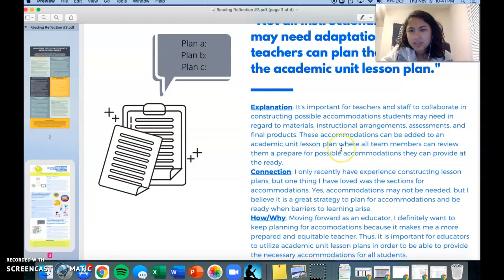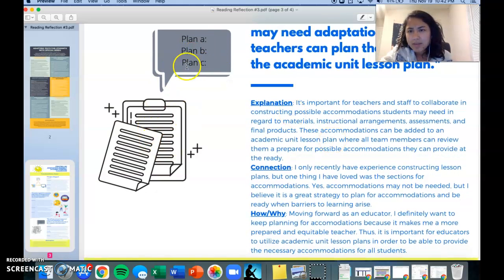And these are accommodations for all students, whether it's accommodating if a student gets distracted or accommodating if a student doesn't understand a point of the lesson. It's important to have, like in this picture, plan A, B, C, so that the team can provide accommodations at the ready because it's already part of the lesson plan, regardless of whether you actually use the accommodation or not. It's just great to have that just in case.